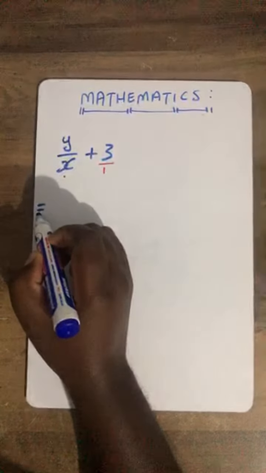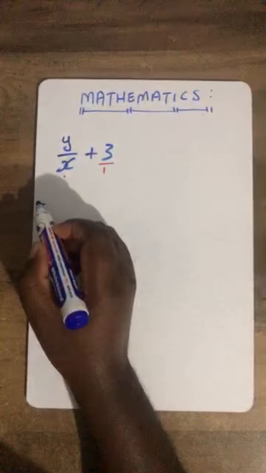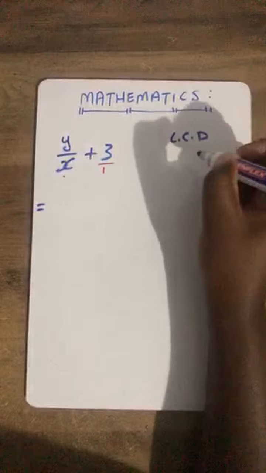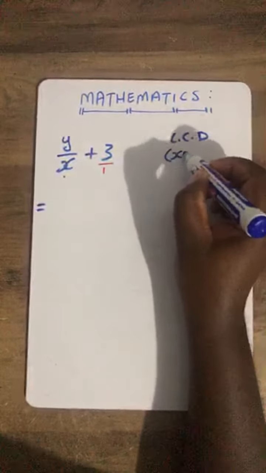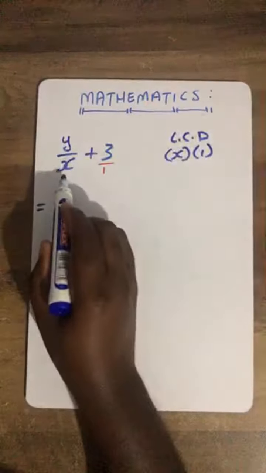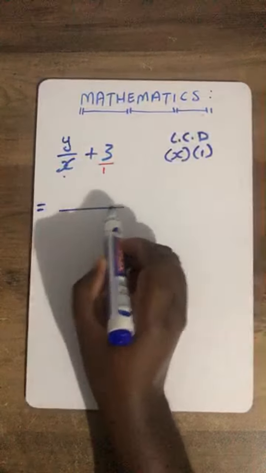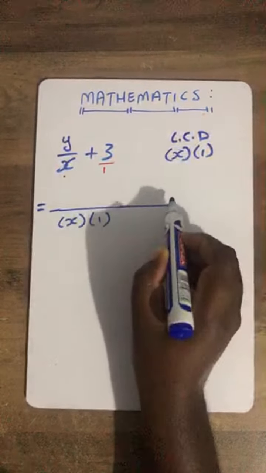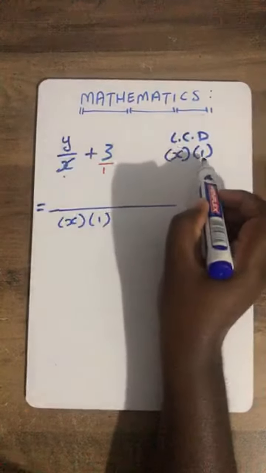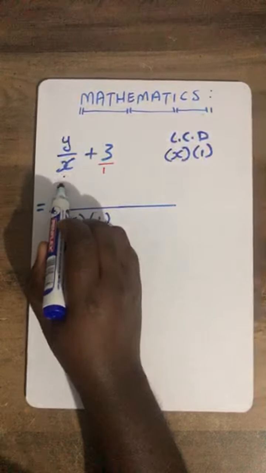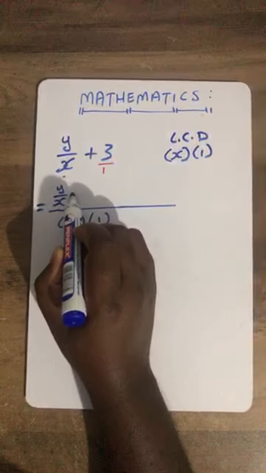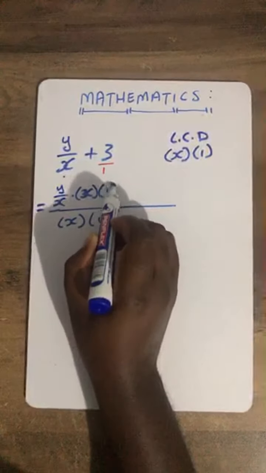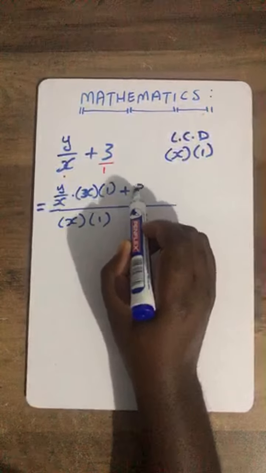So now, in this case, what will be your LCD? Can you see what I was saying, AM1? It means your LCD, you have x, you also have 1. You take those. Then it means your LCD being x multiplying 1. Then you're going to multiply your LCD by that and also that by that. So it's like you take that y over x, you're going to multiply it by that x and also 1, plus that 3.